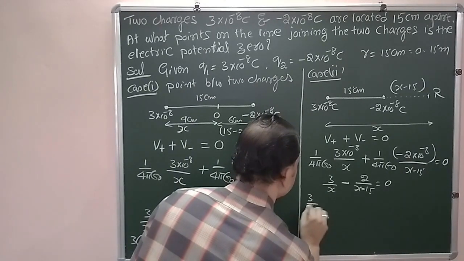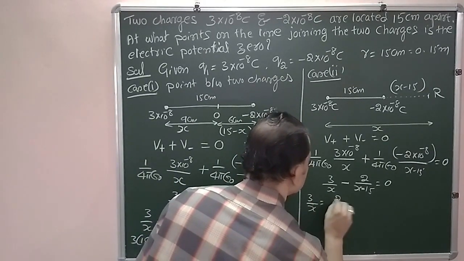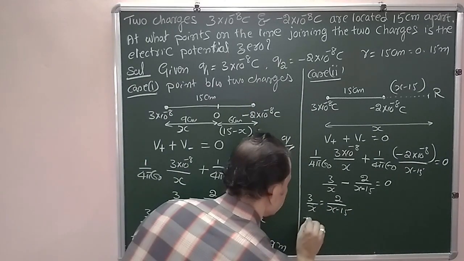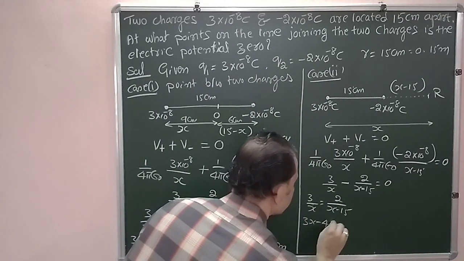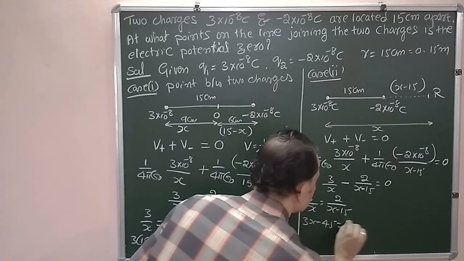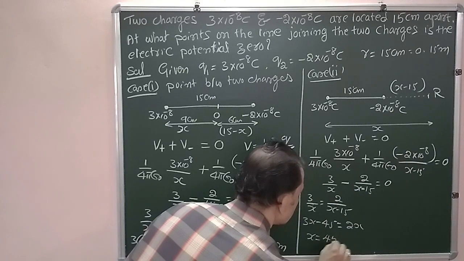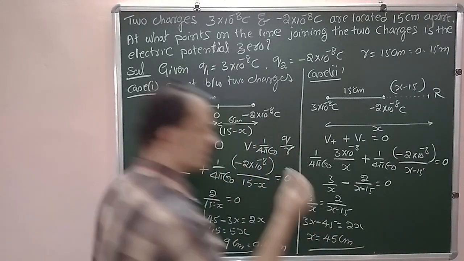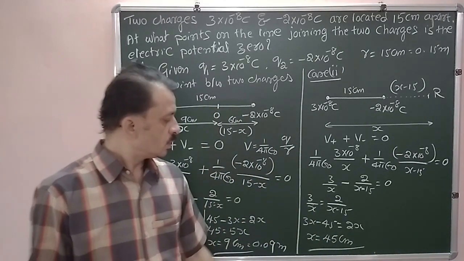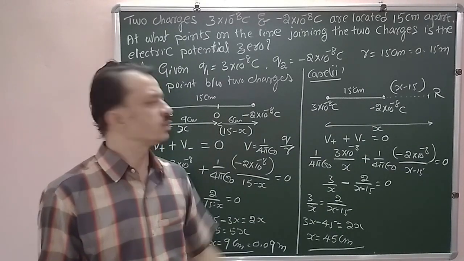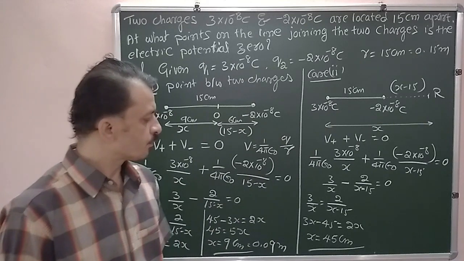Therefore, solve for x. Now 3 by x is equal to 2 by x minus 15, cross multiplying, 3x minus 45 is equal to 2x. Therefore, x is equal to 45 centimeter. Now it is the second point at which the potential is 0 due to the two charge system.